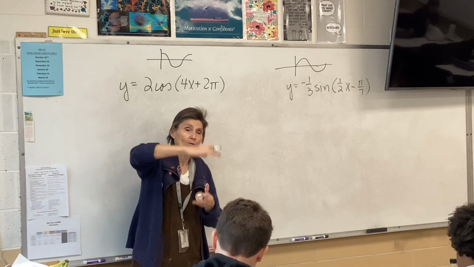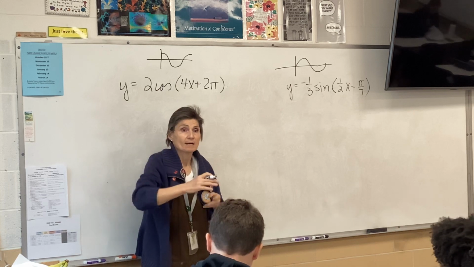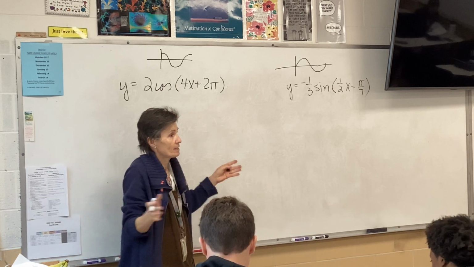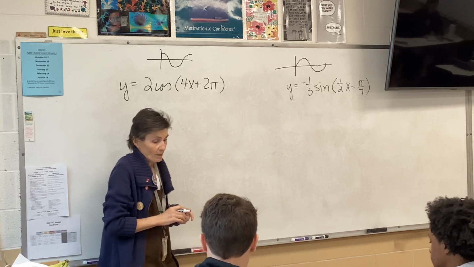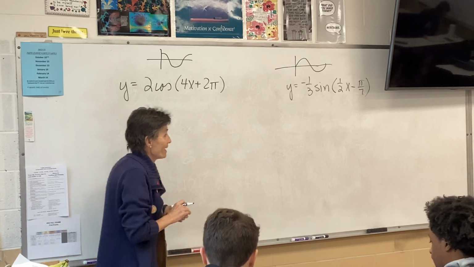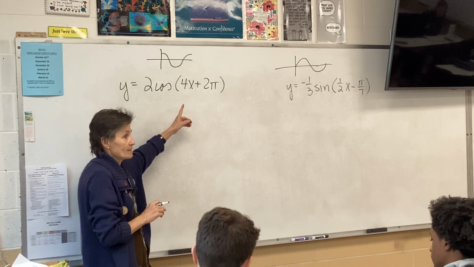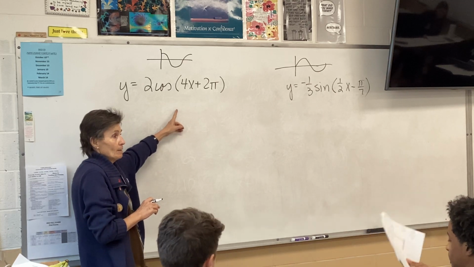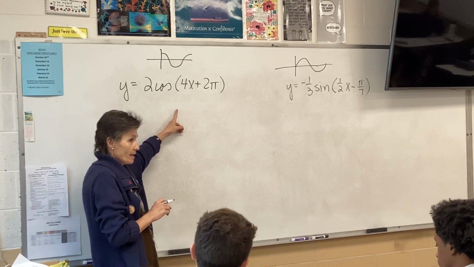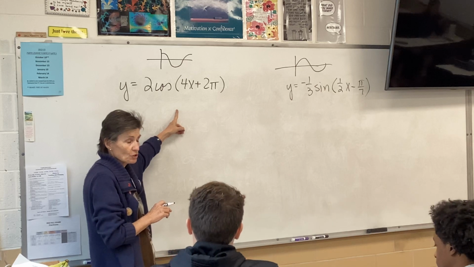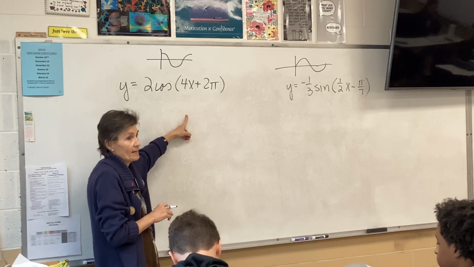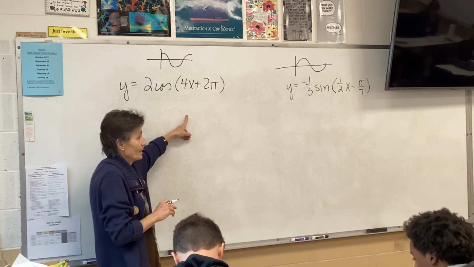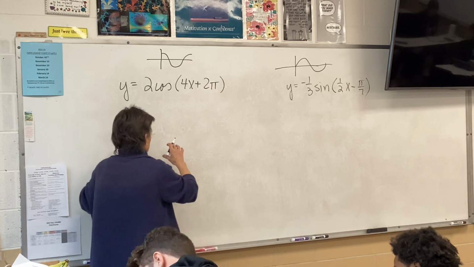Amplitude refers to the verticalness, period refers to the horizontal, right? So, I'm taking a look at problem 4A, and I'm going to graph this. Okay, so I need you to pay real close attention, because we need to look at problem 5 today. And we don't have a lot of time, so pay real close attention.